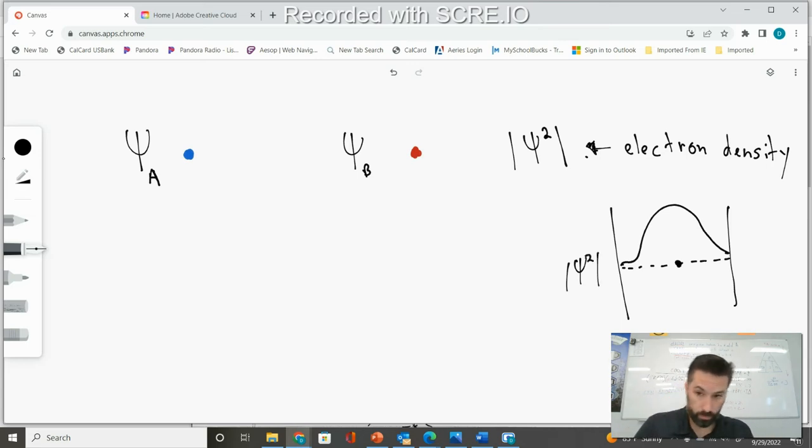Okay? So if we have A and B, what we can actually do is look at psi A and psi B together. Okay? Now, there's different ways to combine them. So we said our original wave, if you guys remember, in the one-dimensional box just kind of looked like this, right?